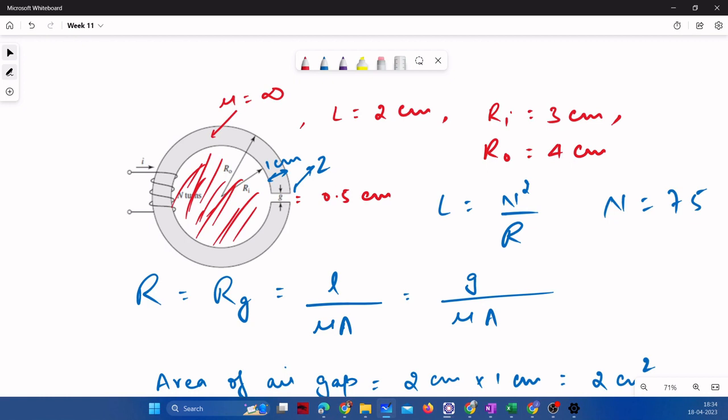And with that new type of core, if you are able to channelize all the flux throughout the core material, minimizing all the leakage and fringing, then that would be a good design. So when you come across design, you should take care of all those factors.